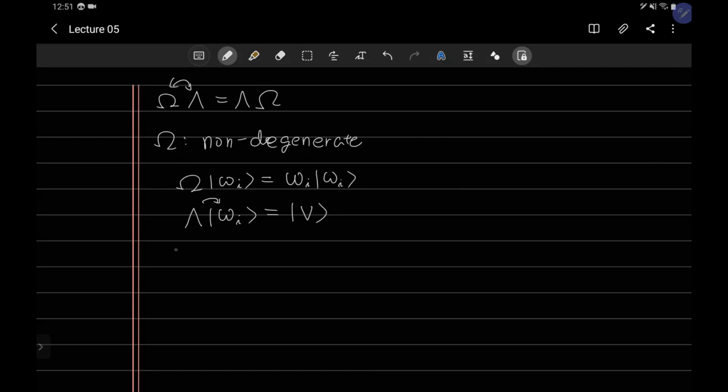Well, the proof is simple. What we have to do is apply omega on V, and we should be able to prove that this will have some kind of result.